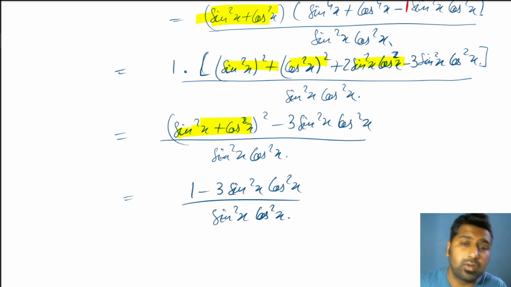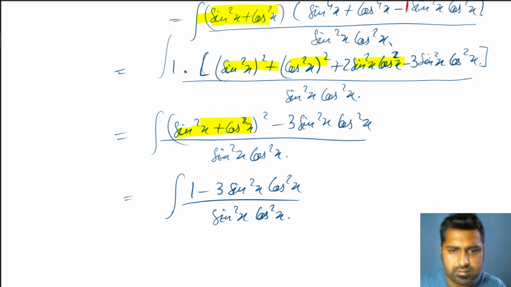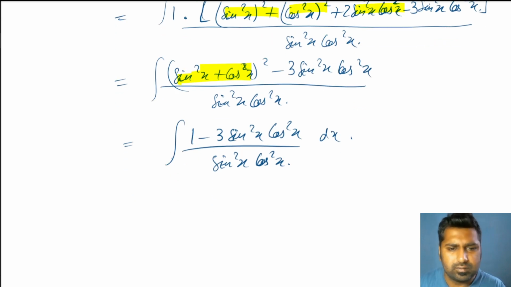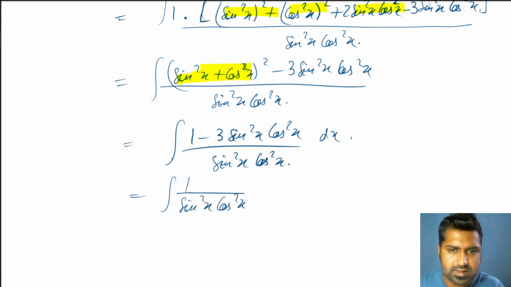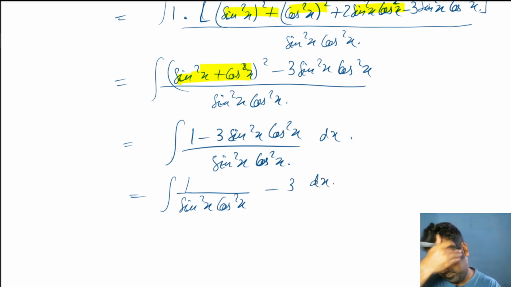Alright, this was a whole under the integration dx. Now it's better, I think, if we split the denominator, this term will at least be 3. So this is the integration of 1 upon sine square x cos square x minus 3 dx.